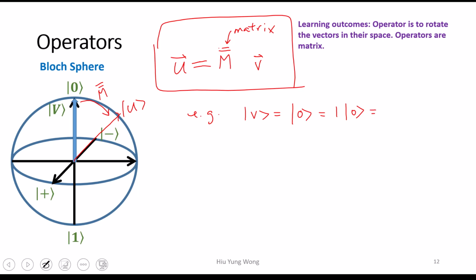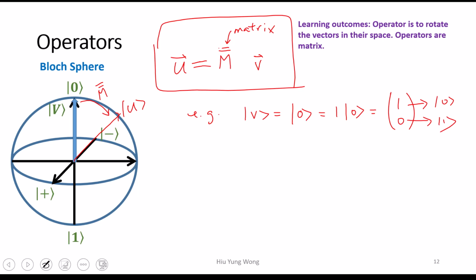So what is it in column form? 1, 0, because I have 1 part of 0 and 0 part of 1. Right? Again, you may get confused about why 0 is here and 1 is here. We will discuss later. You just trust me, I put it correctly. This Bloch sphere can be very confusing, but for now, just trust me.